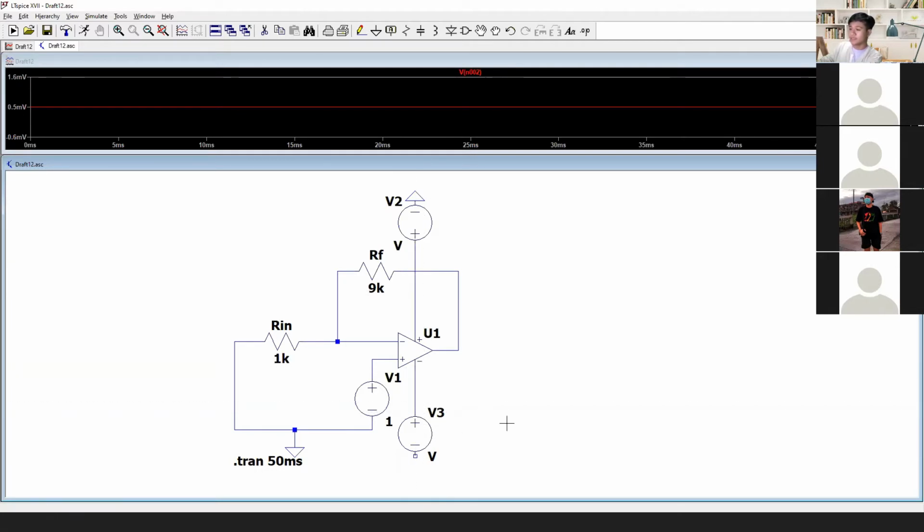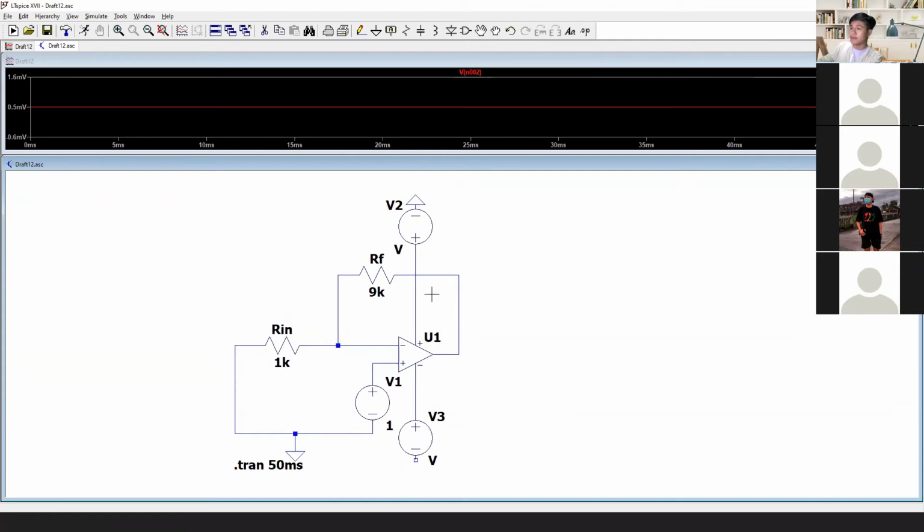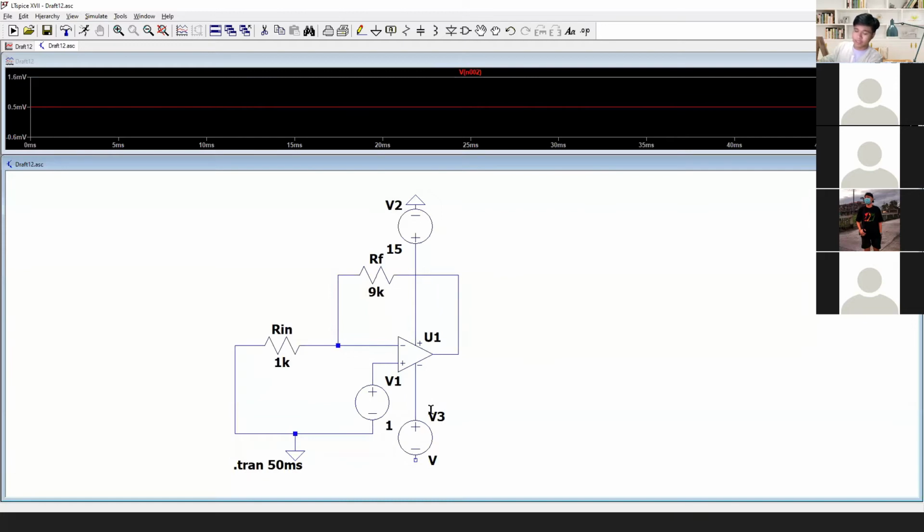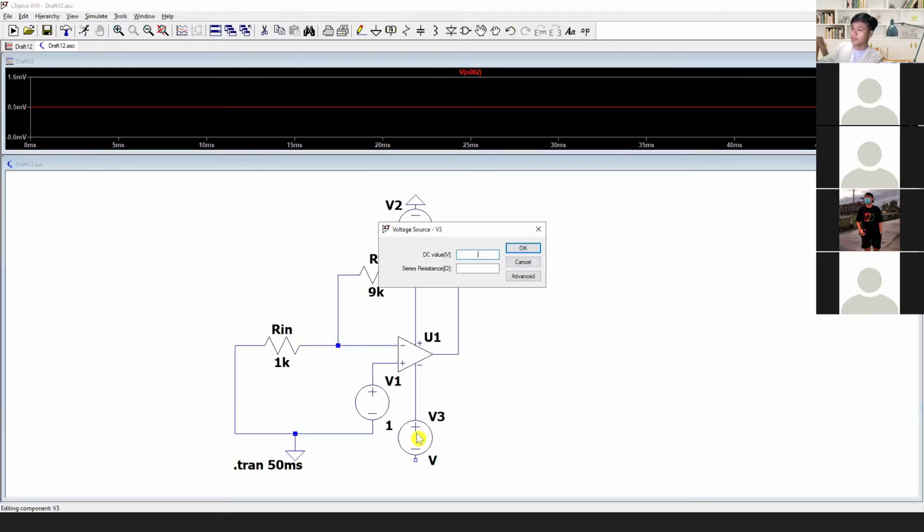Connect natin. So, ito, dapat, kunyari, gusto natin ng 15 peak na positive and then negative 15 na peak na negative. So, dito, right-click lang and then 15. Positive 15 volts na yan. And then dito naman, since yung polarity niya is positive to negative and then kailangan natin ng negative 15 volts, kailangan natin maglagay ng sign na negative.